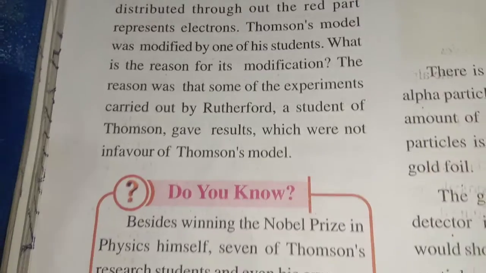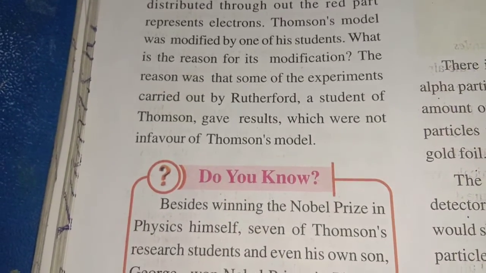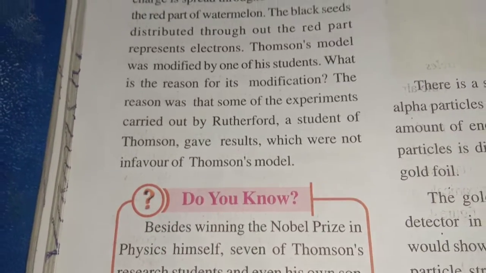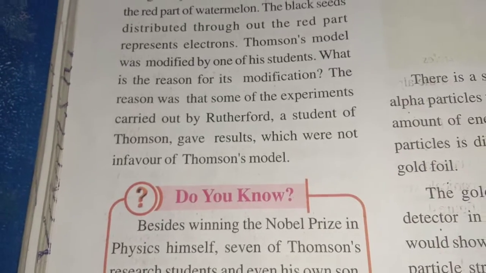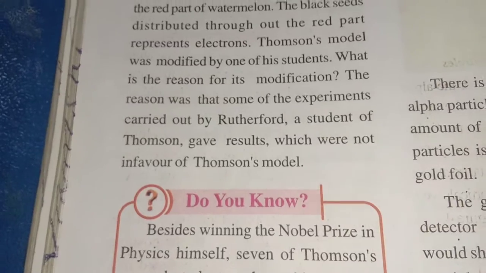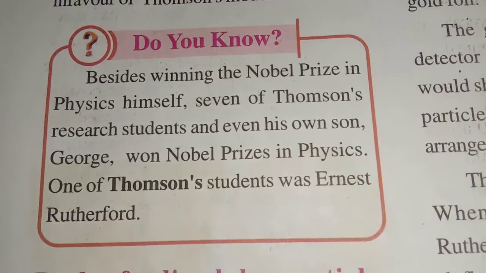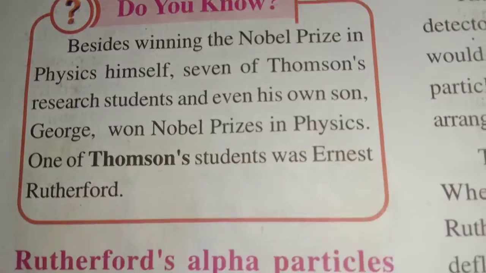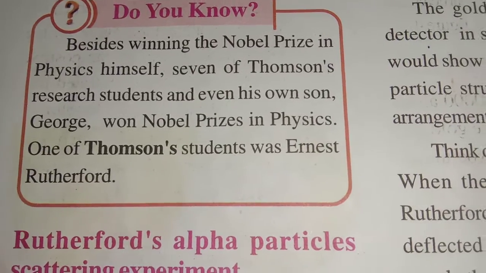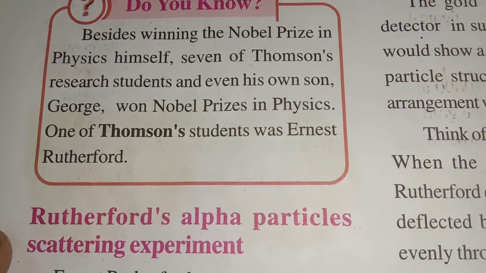He did some more experiments on this model, but there were some clashes between Thomson's and Rutherford's views, and neither clearly explained how the structure of the atom is settled. Besides winning the Nobel Prize in Physics himself, 7 of Thomson's research students and even his own son, George, won Nobel Prizes in Physics. One of Thomson's students was Ernest Rutherford.